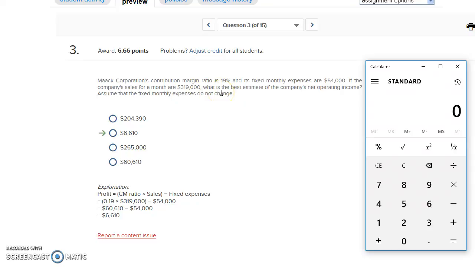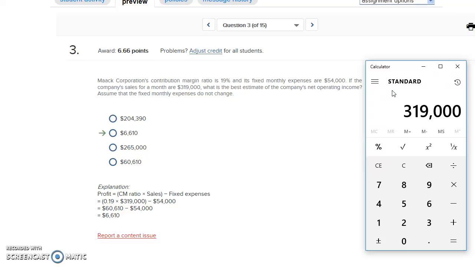That means that after all expenses are paid just from the cost of the product, so let's say you're a merchandiser and you are selling bicycles. So the price of the bicycle is essentially 81% of what you're selling it for. So what we're doing here is we're going to say our sales is 319,000.